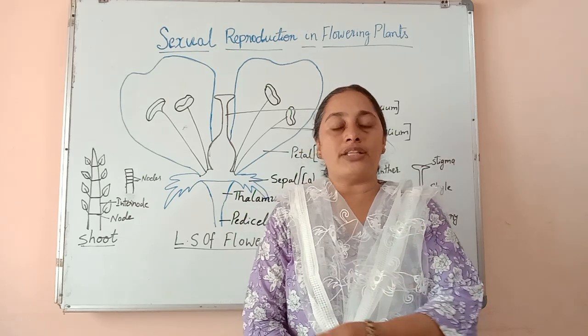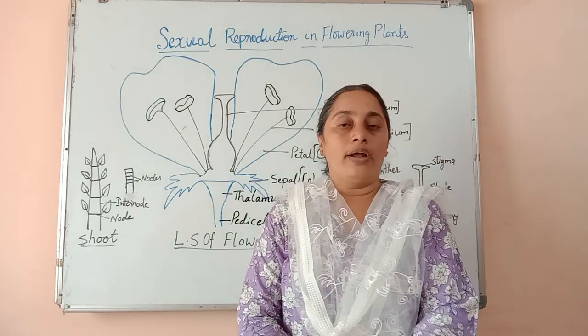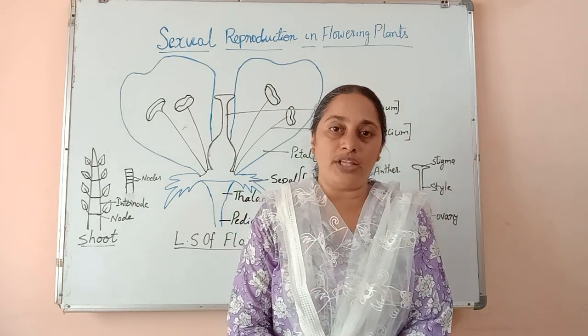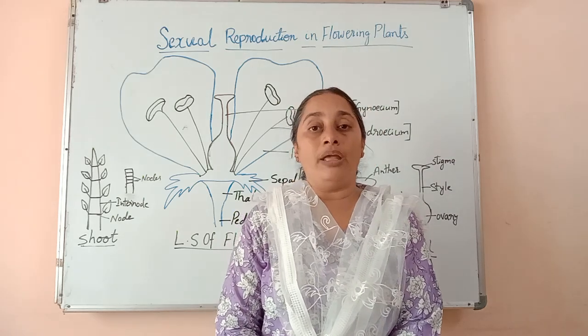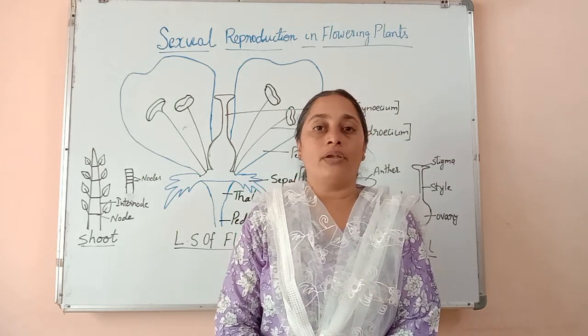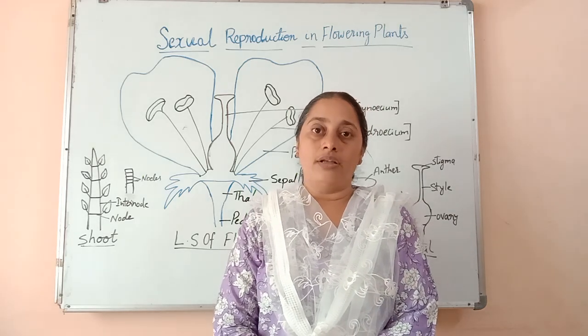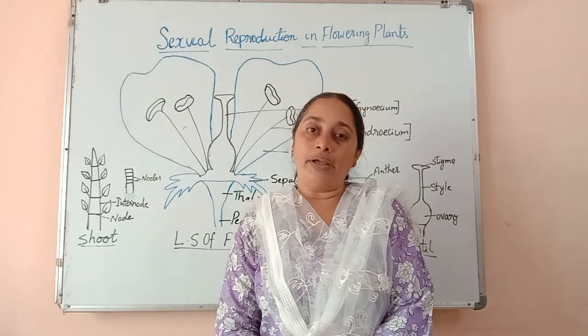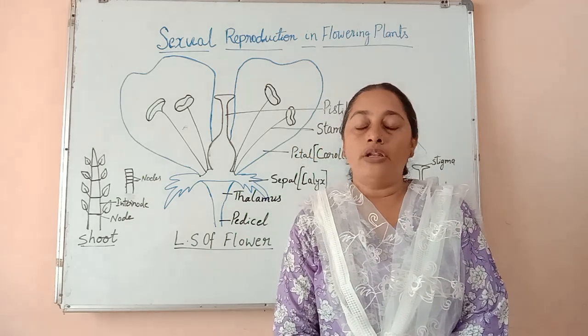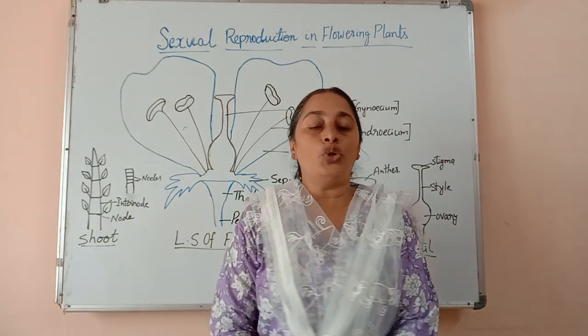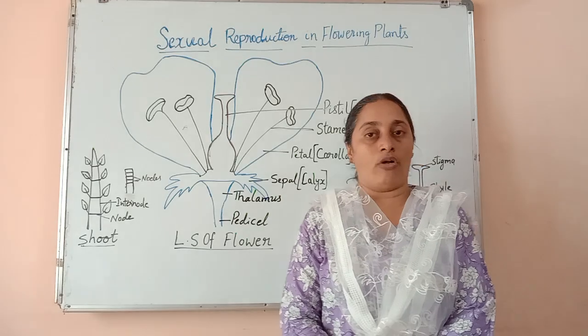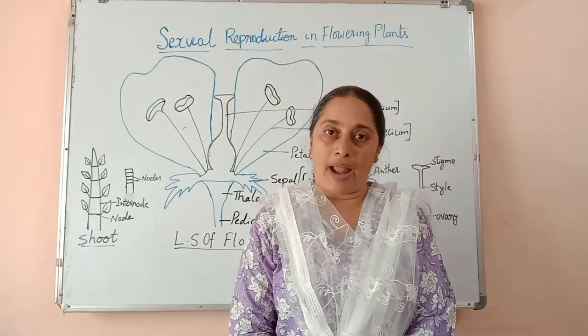Similarly, in pteridophytes and in case of your gymnosperms, we see there are male and female cones, that is microsporophyll and megasporophyll, which bear these structures, microspore and megaspore, inside. Now coming to our angiosperms. Angiosperms are also called flowering plants.